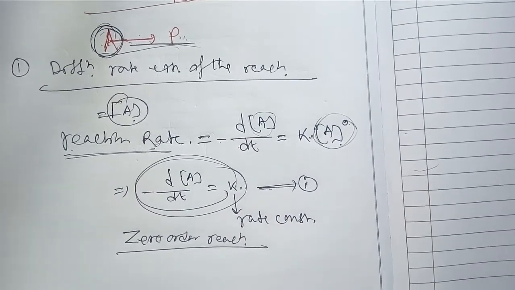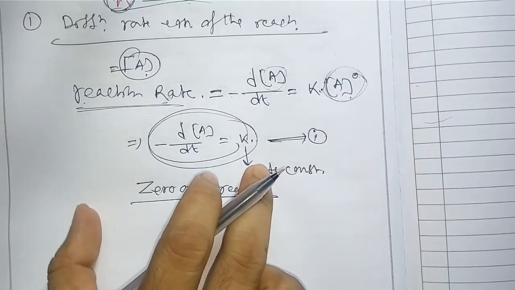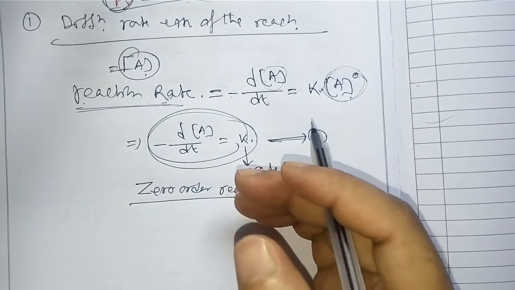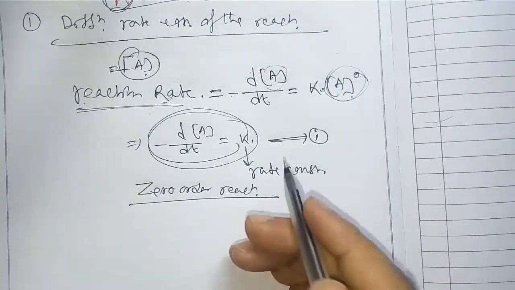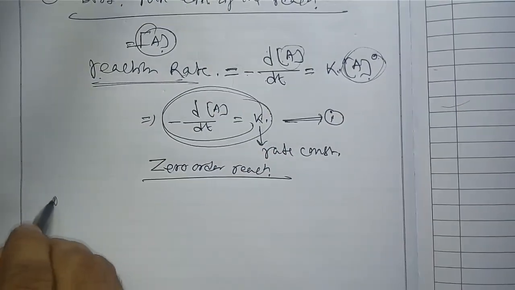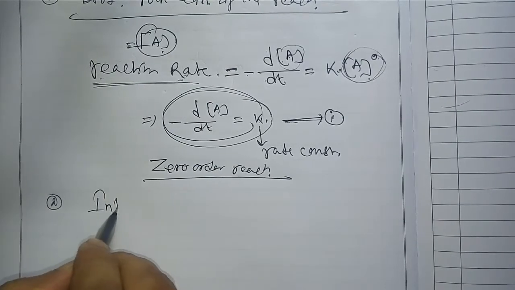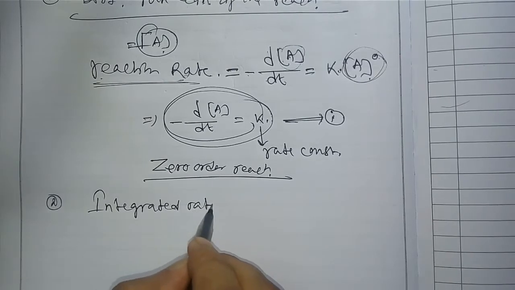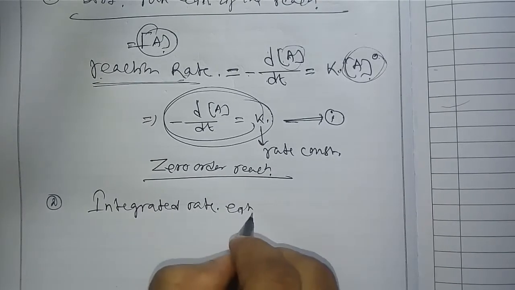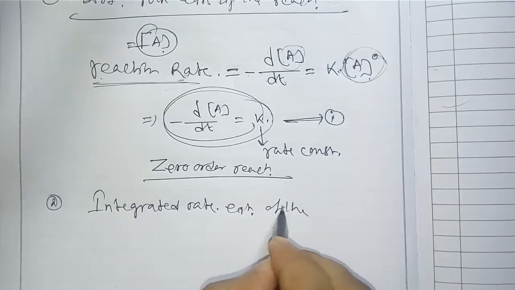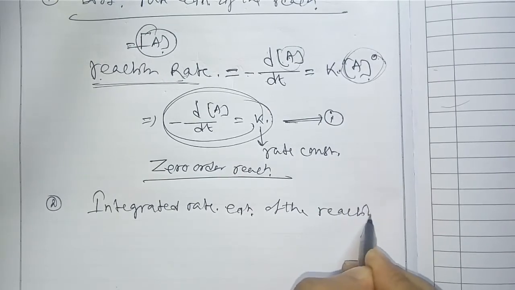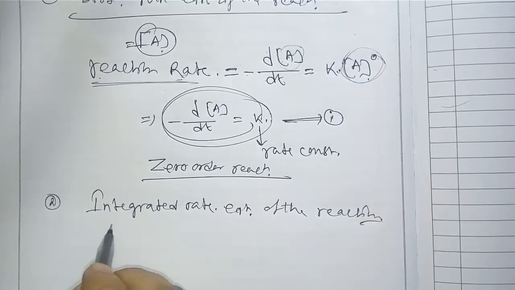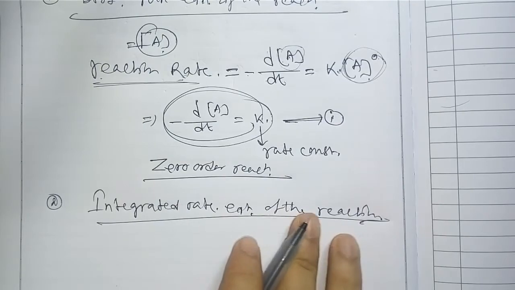This is the differential form. Now, the integrated rate equation of the reaction, this is number two.